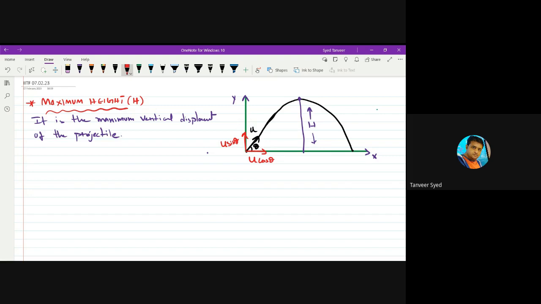Now the point is, maximum height is decided by which component of velocity? Is it u cos theta or u sin theta? Who will decide maximum height reached? Horizontal velocity or vertical velocity? It is a point of common sense. Which velocity will decide how high the projectile will go?